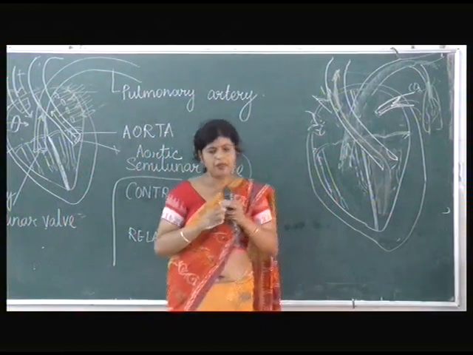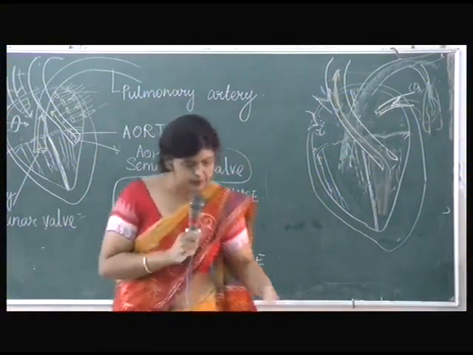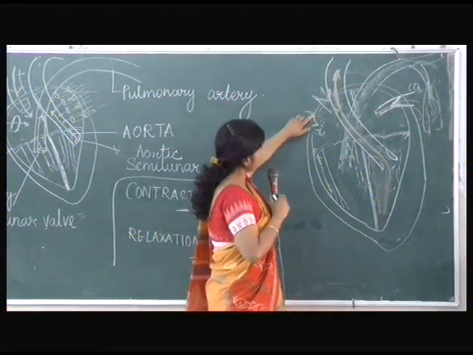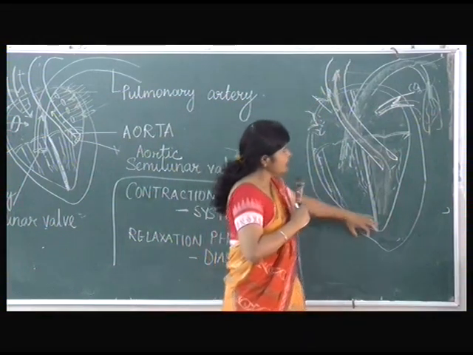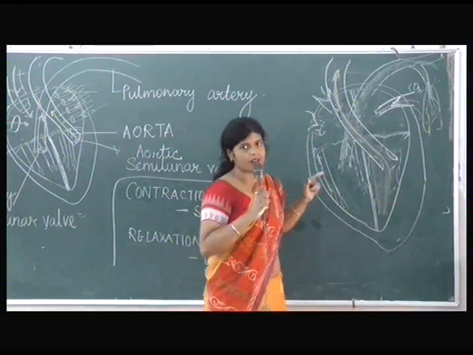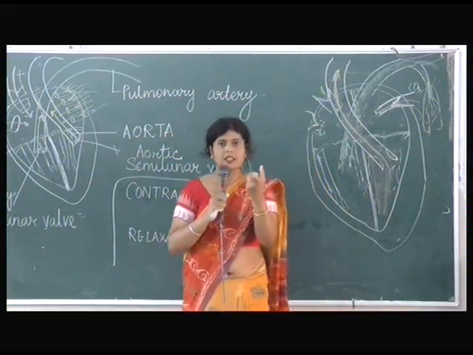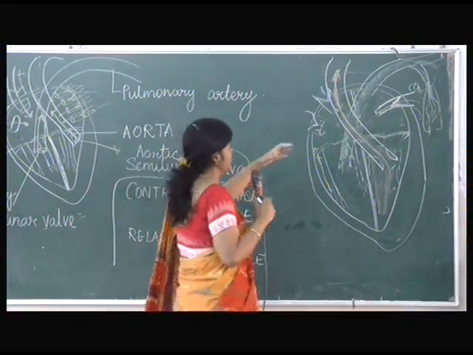So one more thing I would like to say, the ventricular pressure is much more. Right from the beginning, I have shown you that the auricle's wall is thin, and the ventricle wall is thick. Why is the auricular wall thin? Because they are muscle, and muscles exert pressure. The contraction is exerting pressure.